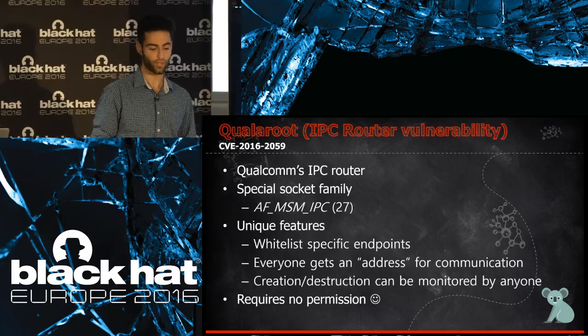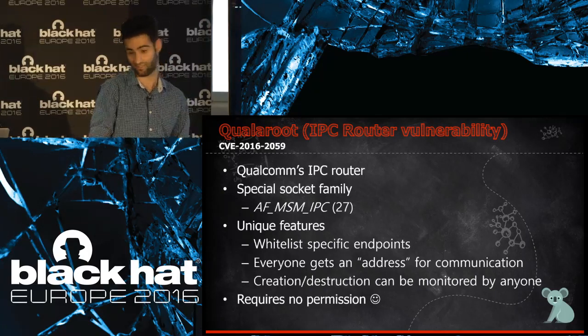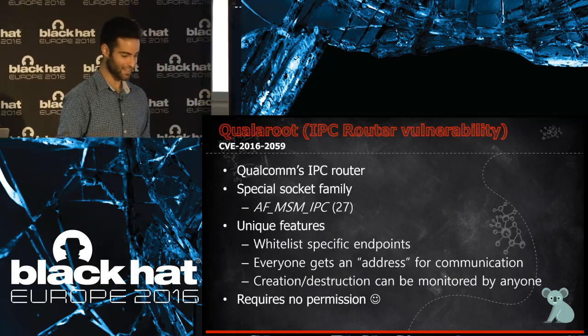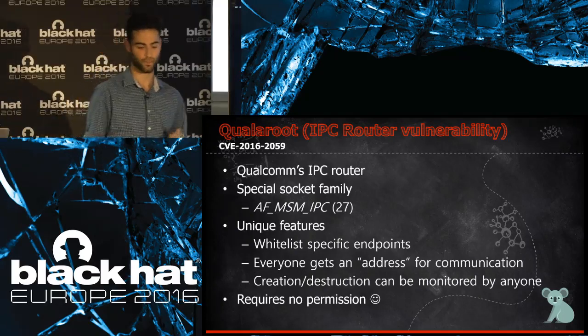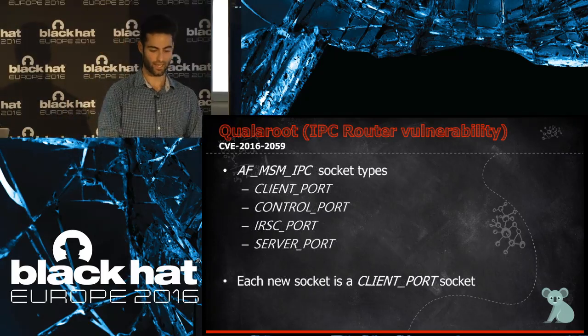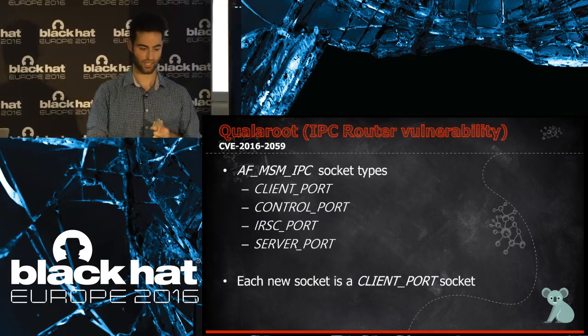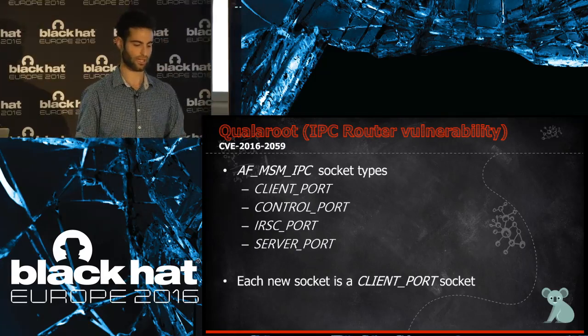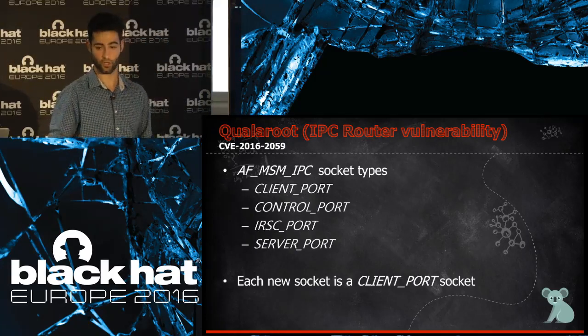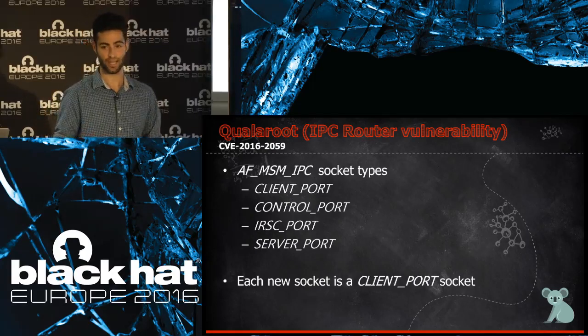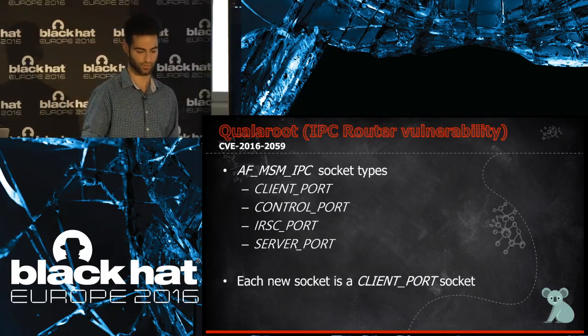Anyone in the system could just monitor creation or destruction of these endpoints, and it's very cool in my opinion. Now, the best thing about it is that it required no permissions to use. So, there are 4 types of these sockets: client port, control port, IRSC port, and server port. We are not going to talk about IRSC port and server port because they required high permissions to use.